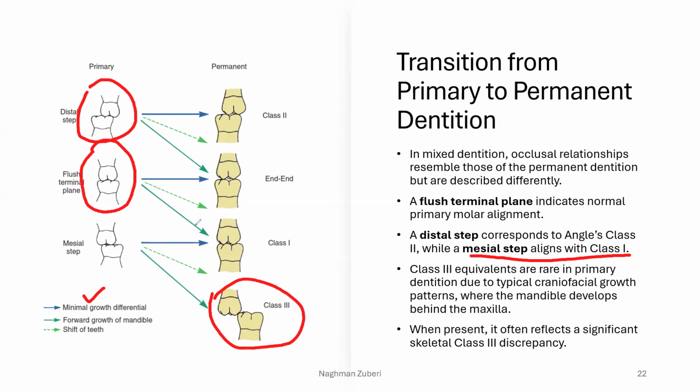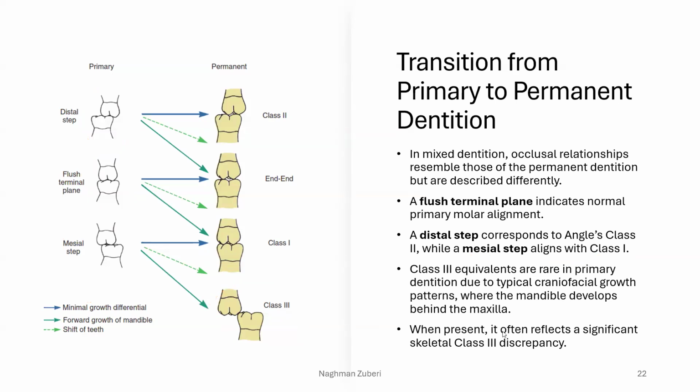At the time of growth, maybe we will go for the functional appliances. So if you are not applying any intervention, spontaneous correction to class 1 is not going to occur from the distal step. Remember that point. So when it is present, it often reflects a significant skeletal discrepancy, which I told you.